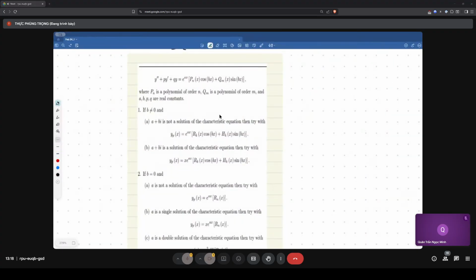So now first look at what we have in this formula. Assume that you have a non-homogeneous equation and the right-hand side is the one you see right here. The formula right here gives you a particular solution, but it's only the form for a particular solution.